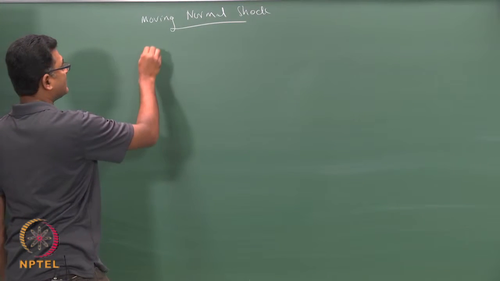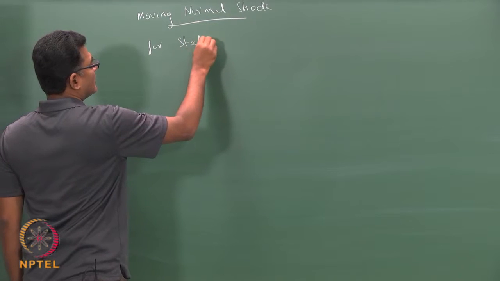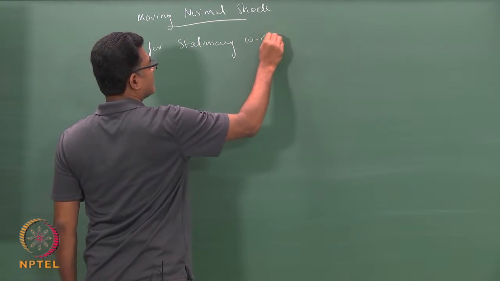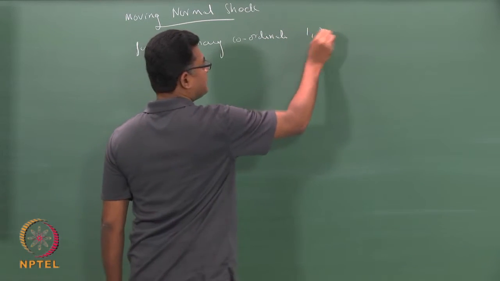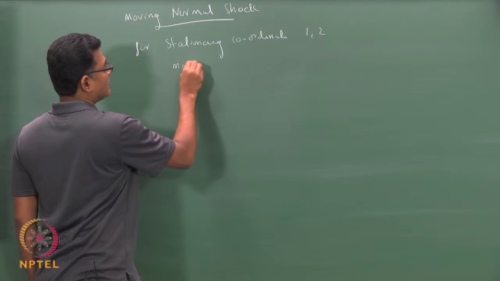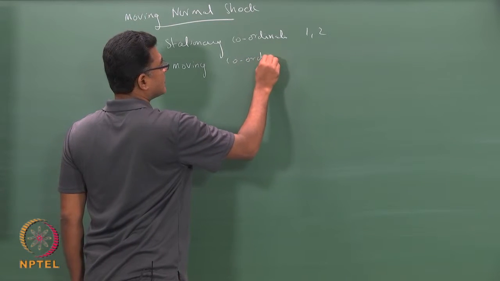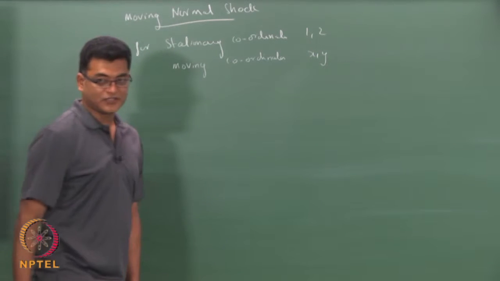So the notations are for stationary coordinates. We have used 1 and 2, correct? And for moving coordinates, it's x and y before and after the shock.